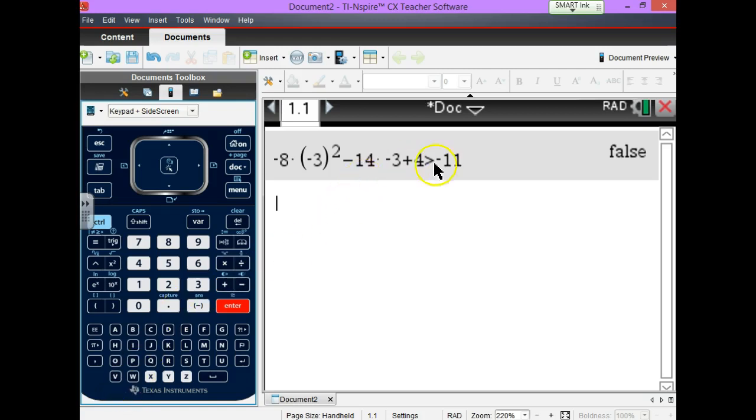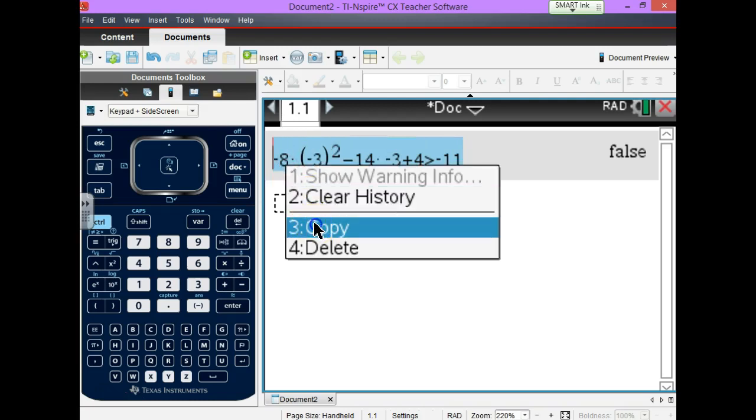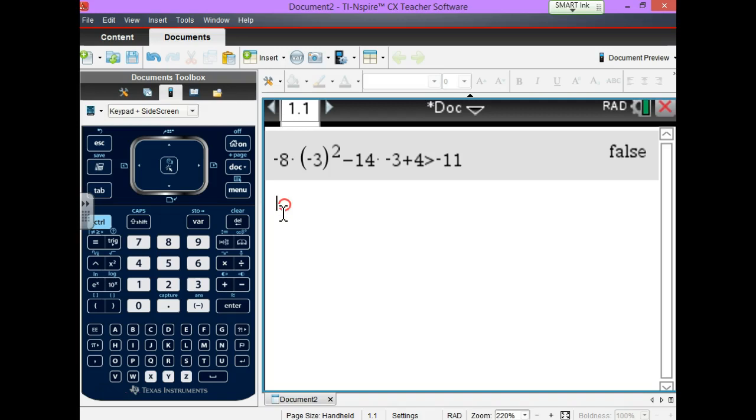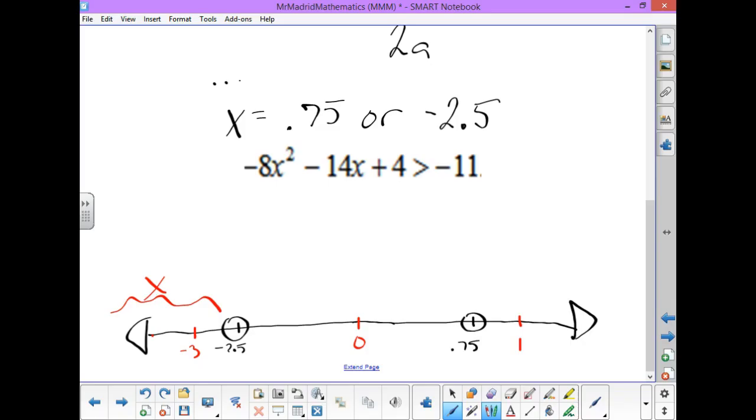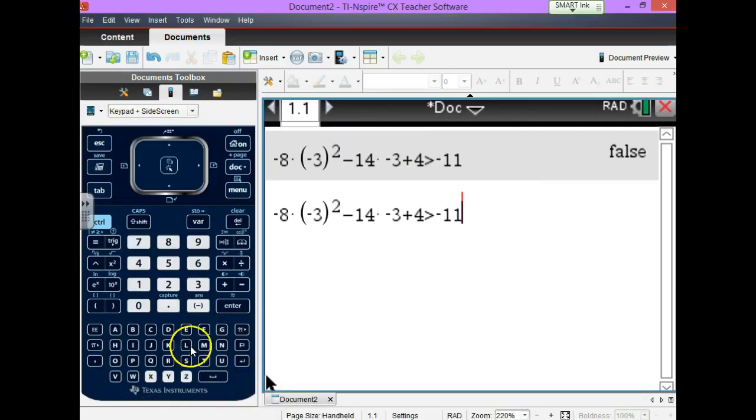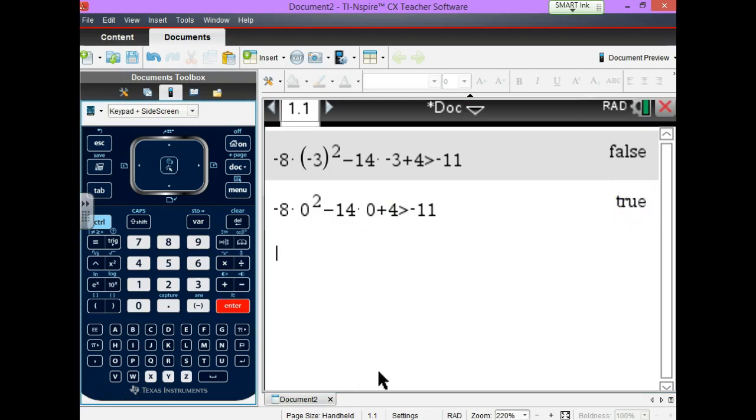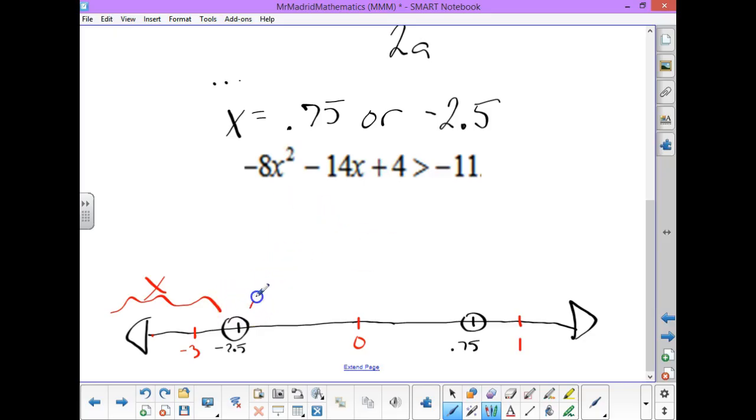I'm going to copy, paste, and now switch this test value to a 0. So put a 0 there, put a 0 there, and hit enter. This one is true, so that one works out. So this interval here works out.